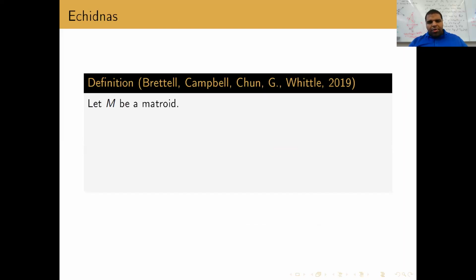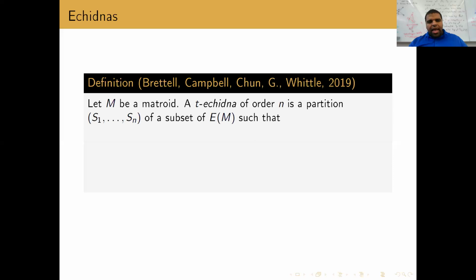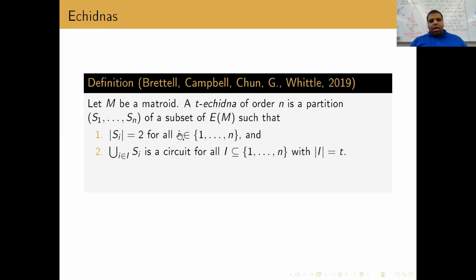And so back in this earlier paper, we defined a T echidna of order n as a partition of a subset of the ground set. So it does not necessarily have to be the entire ground set of the matroid, but it's a partition of a subset into pairs. Each part of the partition is a pair, so each part has size 2, and the union of any T of these pairs is a circuit.